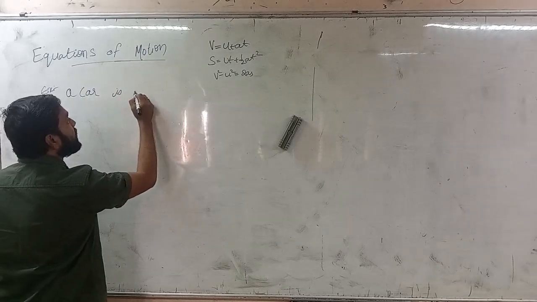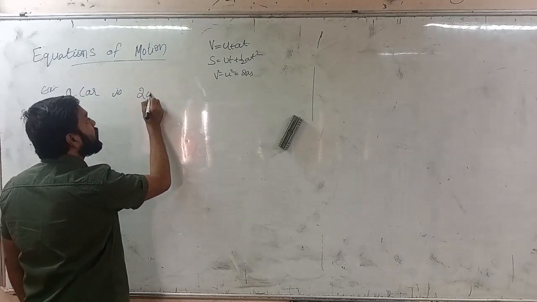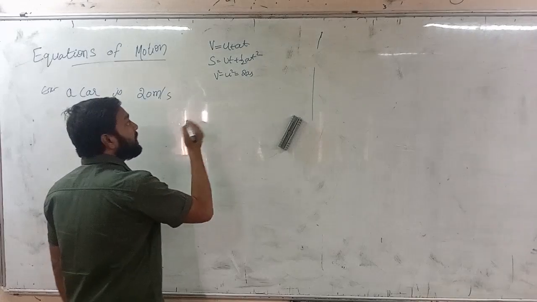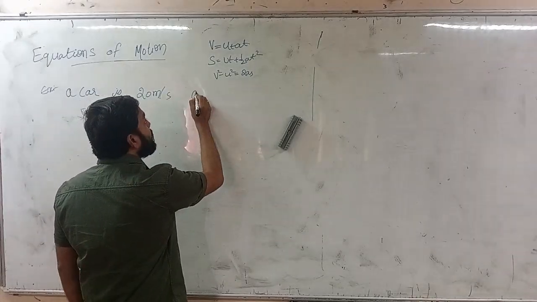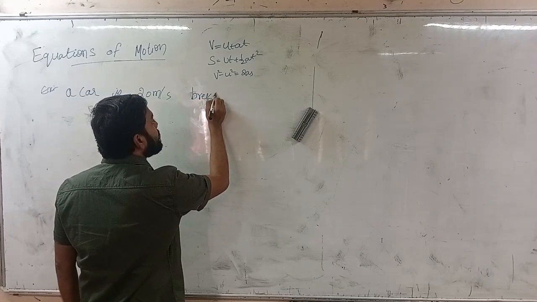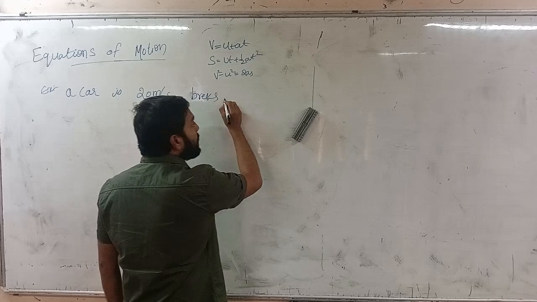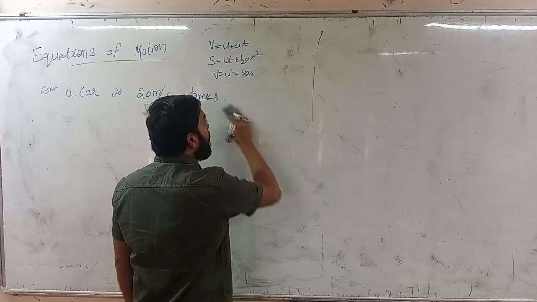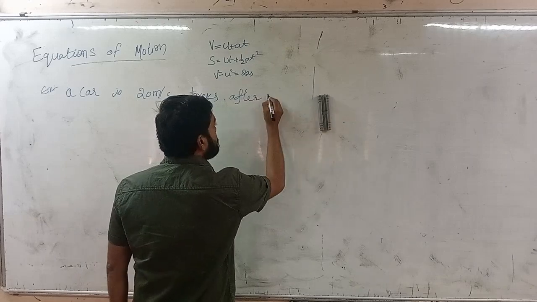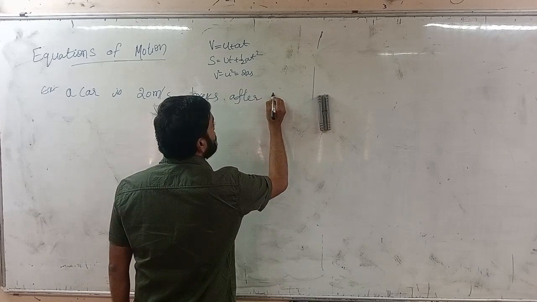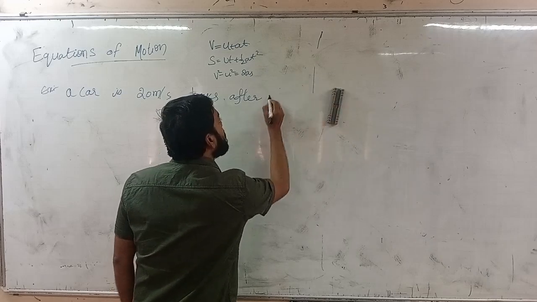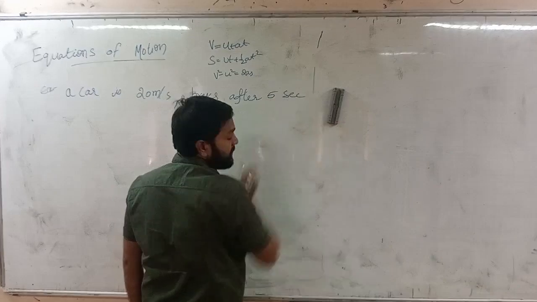A car is moving with the initial velocity of 20 meter per second. By applying the brakes, the car stopped after 5 seconds.